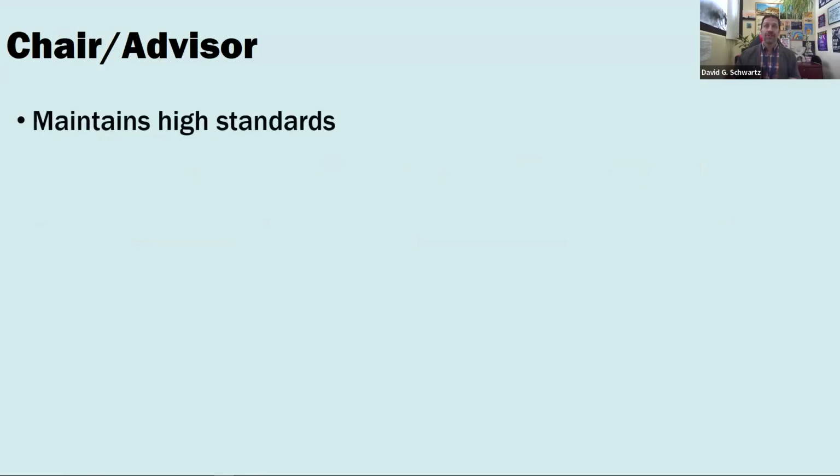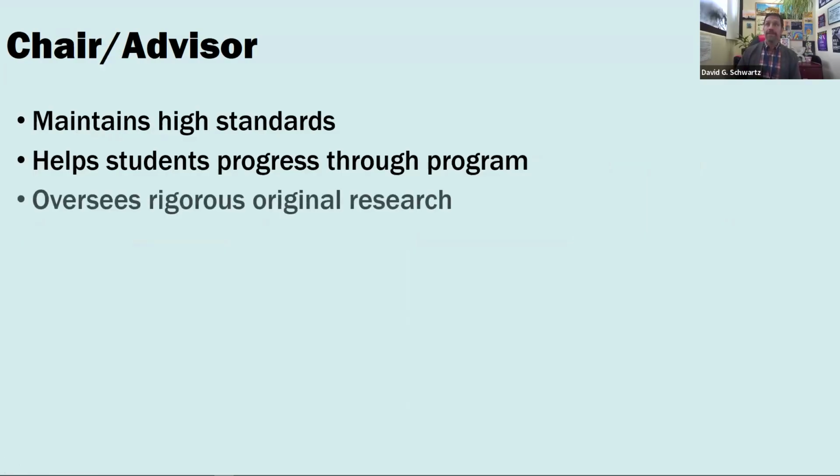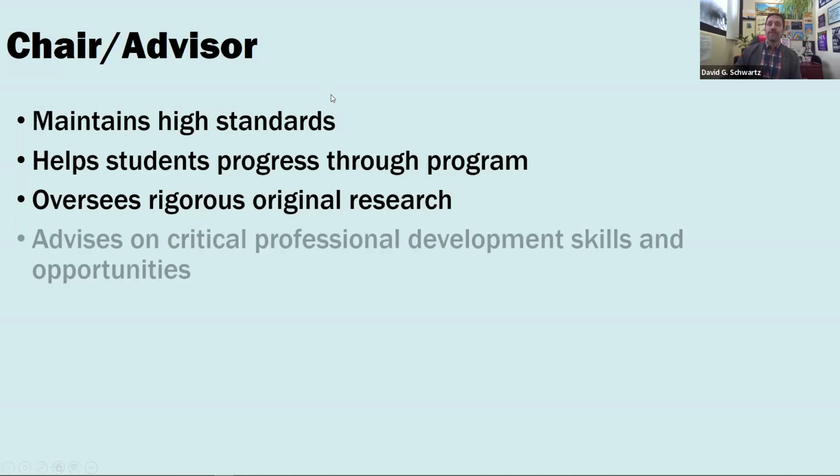Then we have the chair, and it's kind of confusing because we have the department chair and we have the committee chair. A lot of people name chairs. So some people call this the advisor, and they are supposed to do many things. They maintain high standards. They help the students get through the program. They also oversee original research, which has to be of a sufficient level of rigor to warrant the degree.